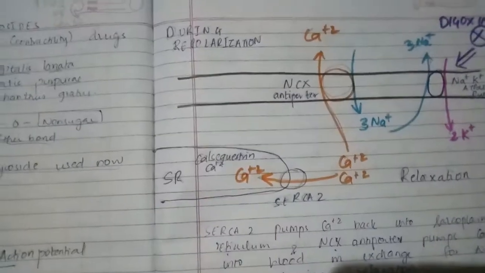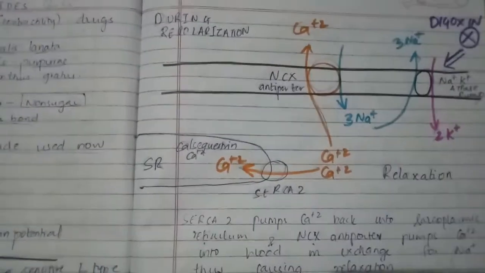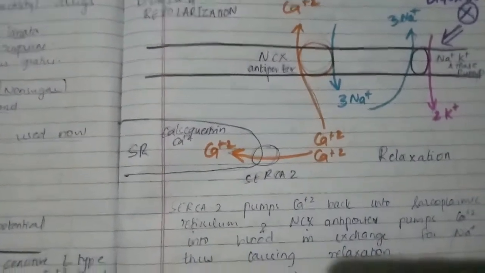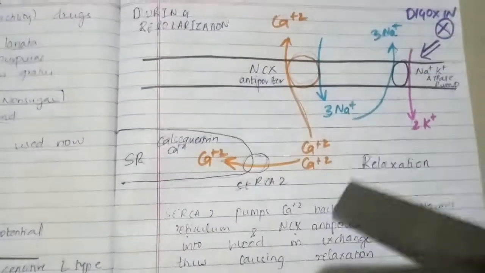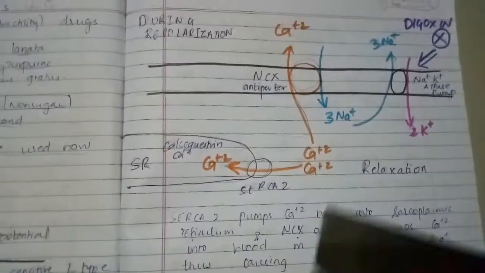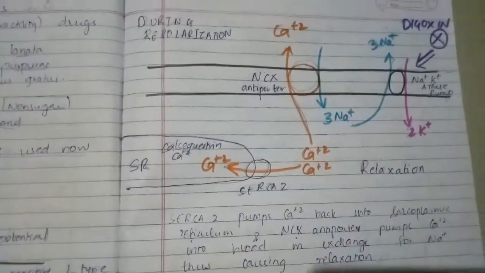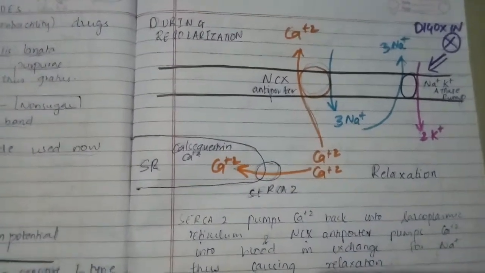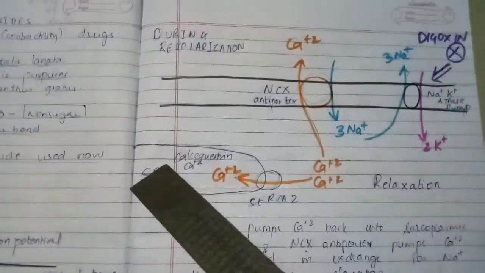Calcium is responsible for contraction, so more calcium means activation of more actin myosin complexes and more forceful contraction. So this is how it works.